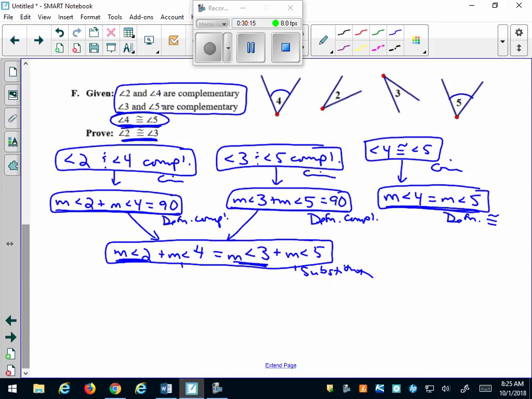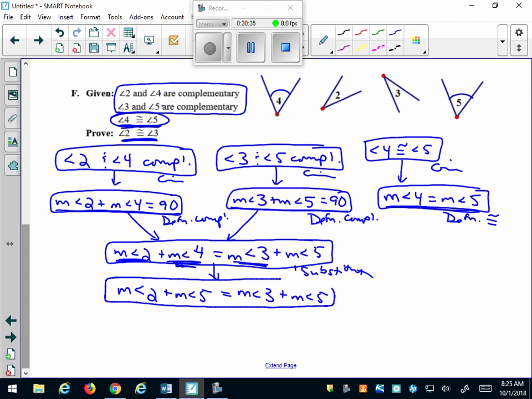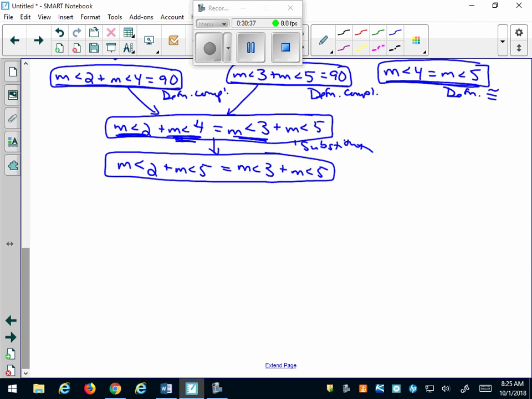Sometimes it makes people feel better to make a substitution first. Since 4 equals 5, I could just kick out this 4 and make it a 5. So keep everything else the same from the equation above, and the only thing we changed is that 4 kicked out and was replaced with a 5.